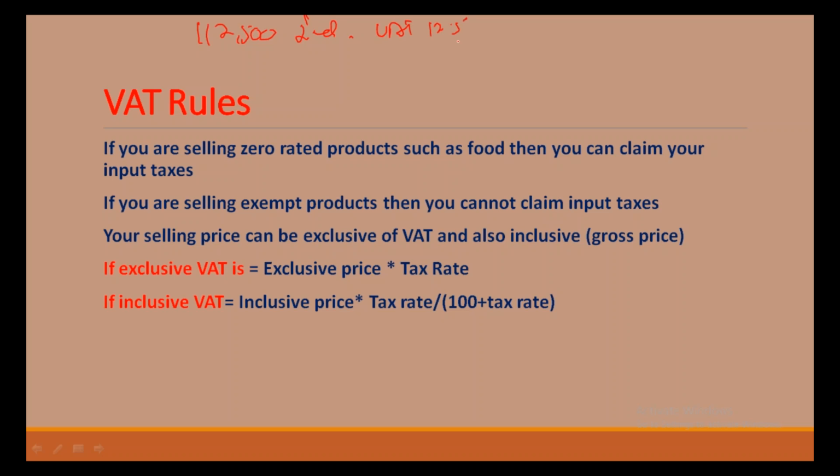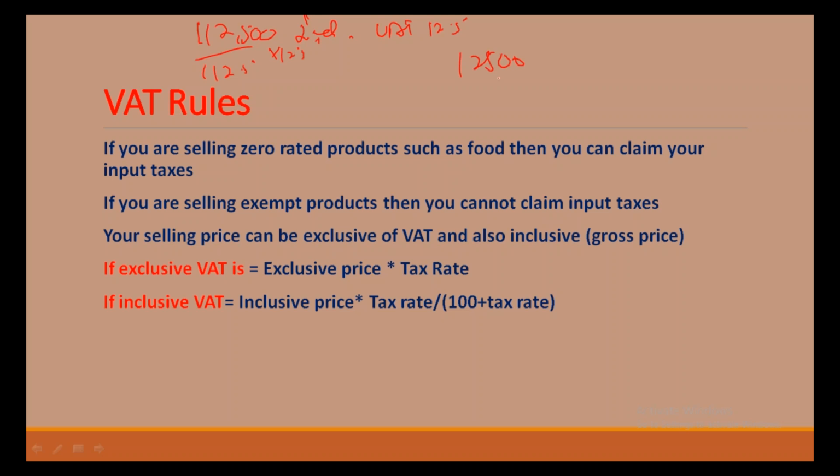So this 112,500 is equivalent to 112.5. So we can find out from that what is the VAT you have collected, if it is including. So 112,500 is equivalent to 112.5, so the 12.5 is equal to 12,500.